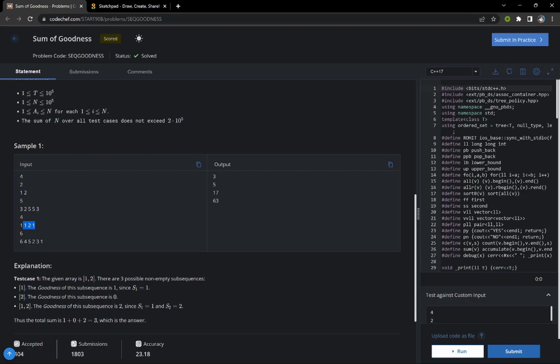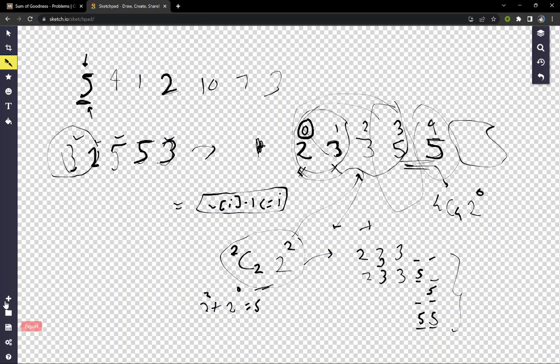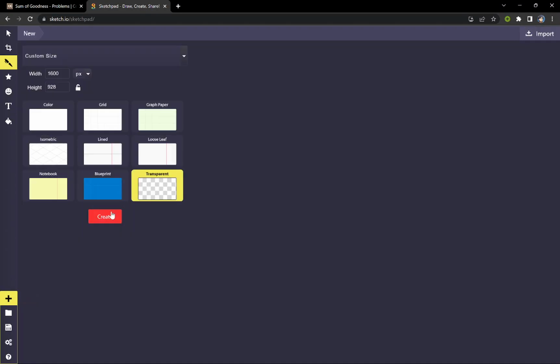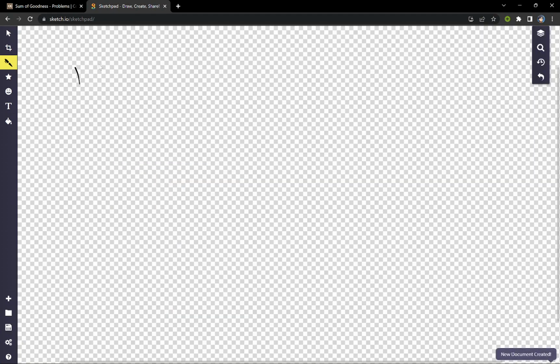Okay, let us take this example. It is a very good example. See, 1 1 1 and 2. Their indices are 0 1 2 3, right? So we have to see whether the condition is validating or not.